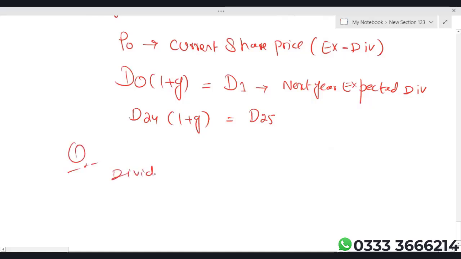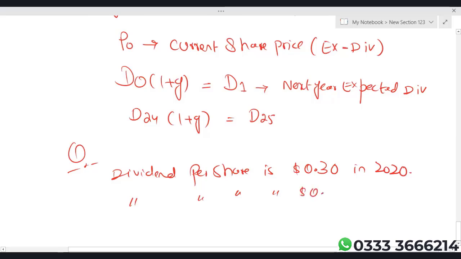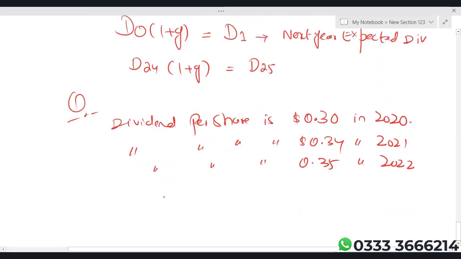Let's say dividend per share is $0.30 in 2020, $0.34 in 21, 22, 23, 24.